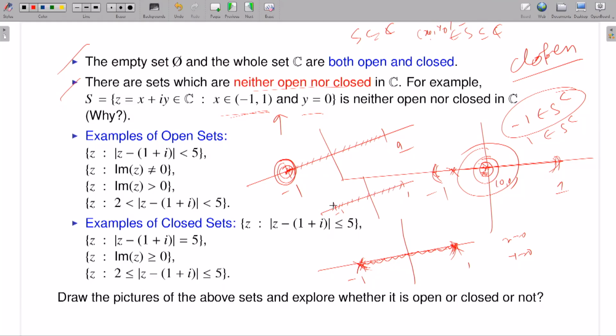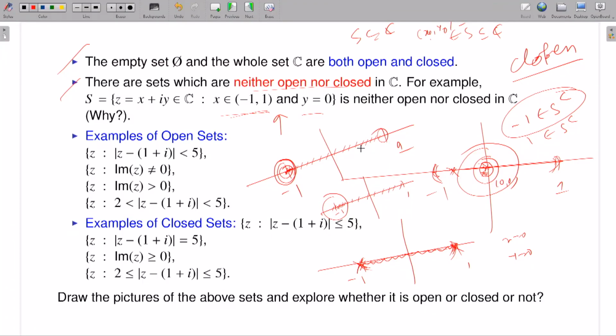Therefore whatever open ball I take with center minus 1 and some radius, it is of this form, but it is not fully contained in the complement set, because this is the portion that is not in the complement. So you cannot have an open ball with center minus 1 and a radius which is fully contained in the complement. Therefore minus 1 is not an interior point even though that point is in the complement set.